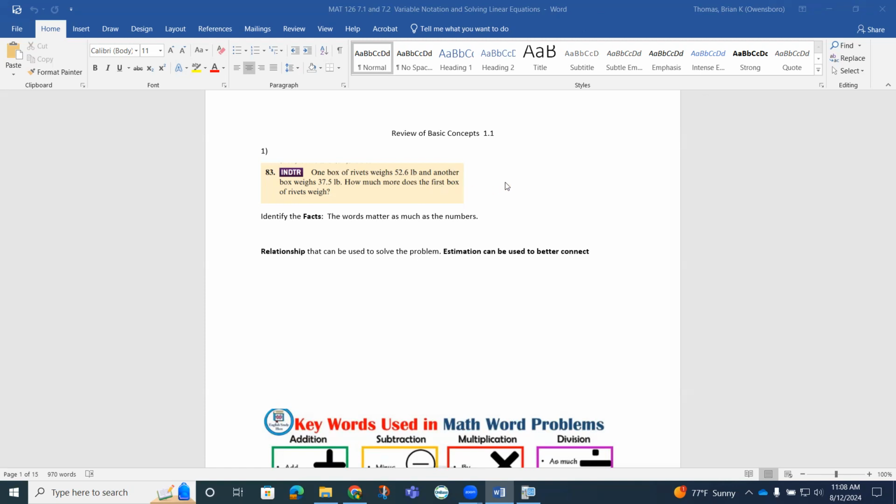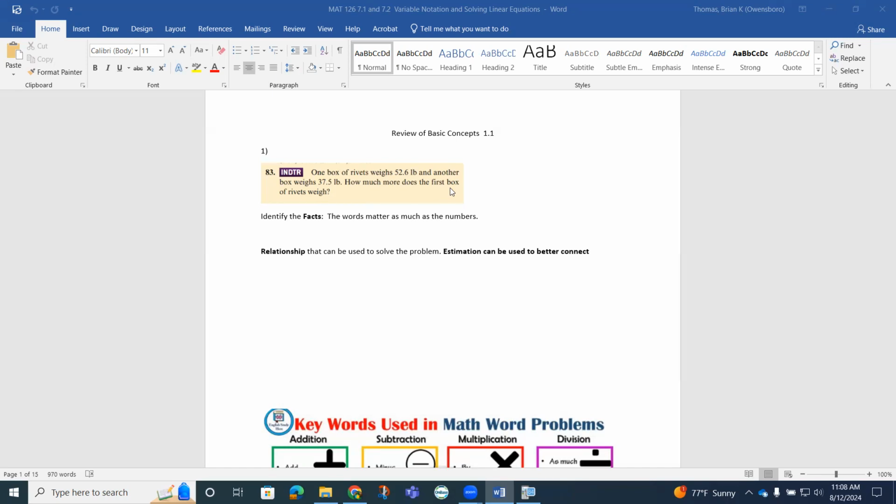But notice how I didn't read that as LB. I read it as a symbol to represent a unit of measurement, which we call pounds. So one box of rivets weighs 52.6 pounds and another box weighs 37.5 pounds. How much more does the first box of rivets weigh?